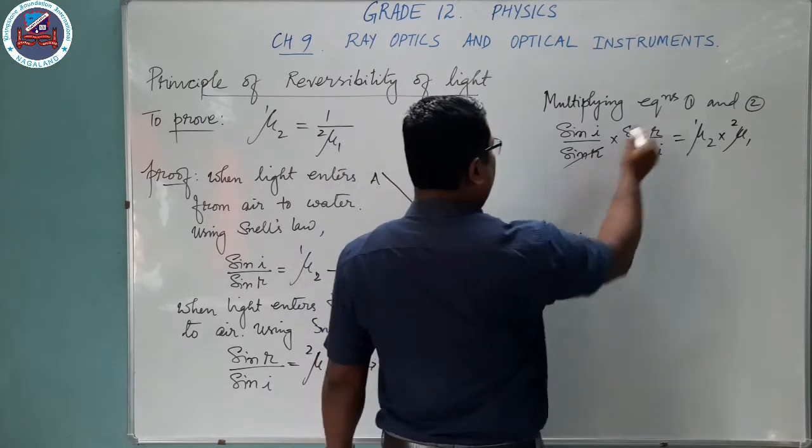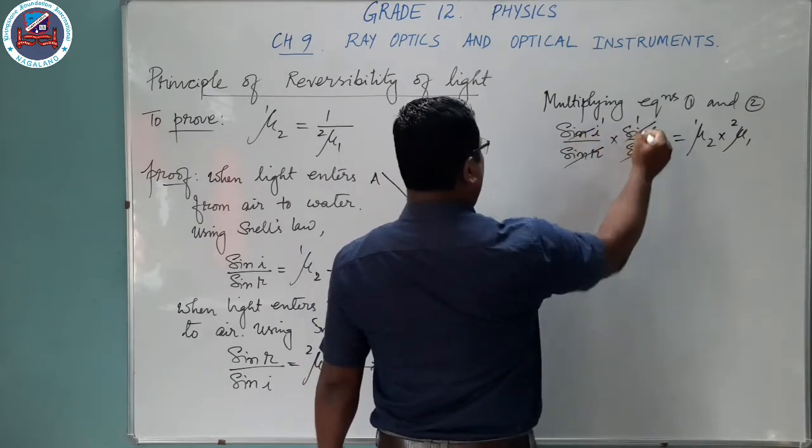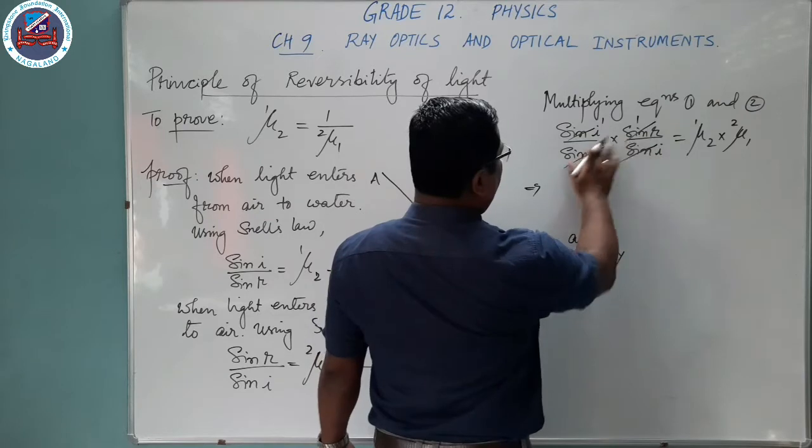Like this you will get it. If you cancel these terms, the left hand side will become 1.